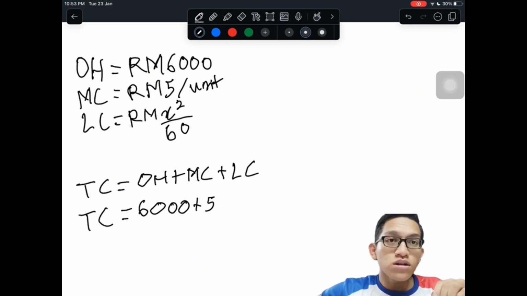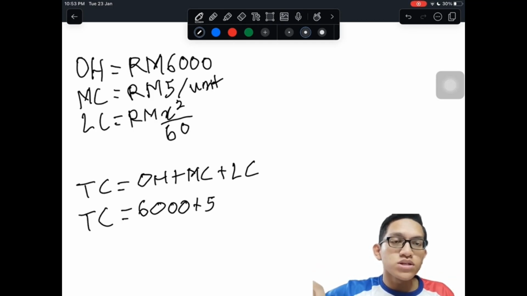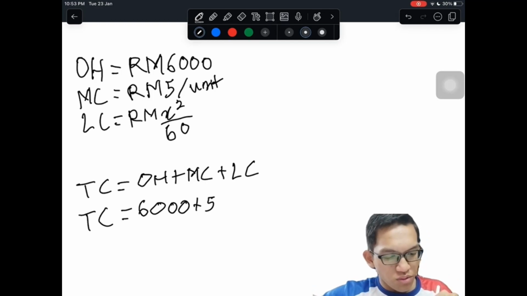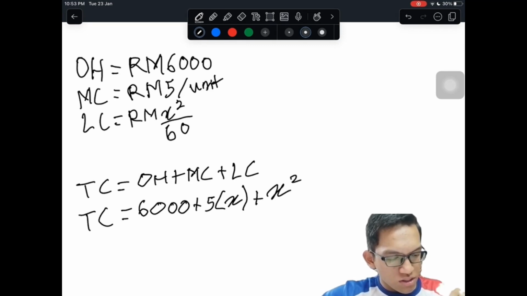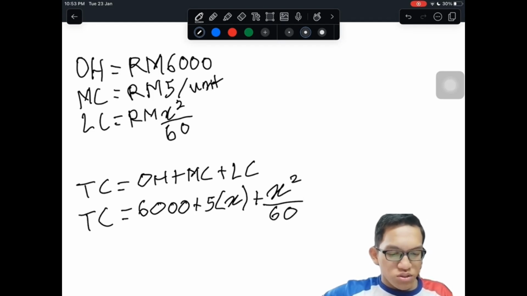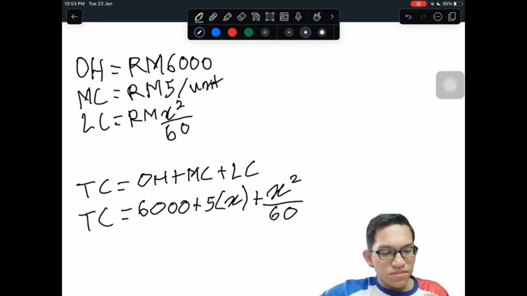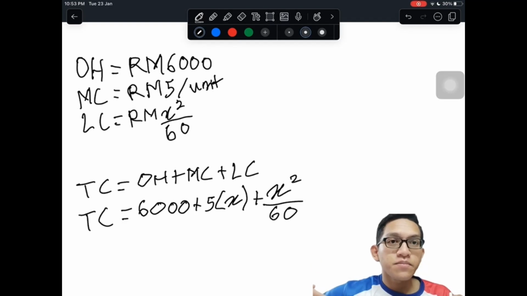So to find the total, we need to find the total material cost, so we need to multiply it by X, plus labor cost, which is X square per 60. So this is the total cost function.